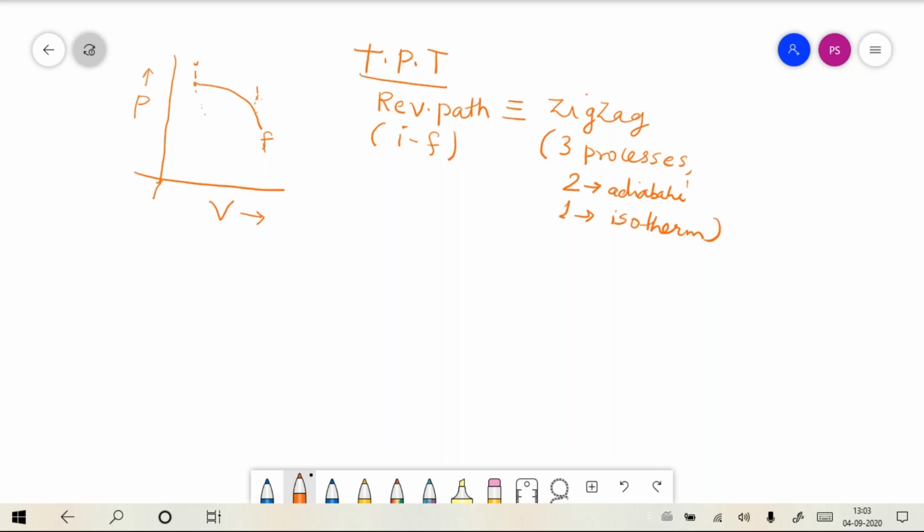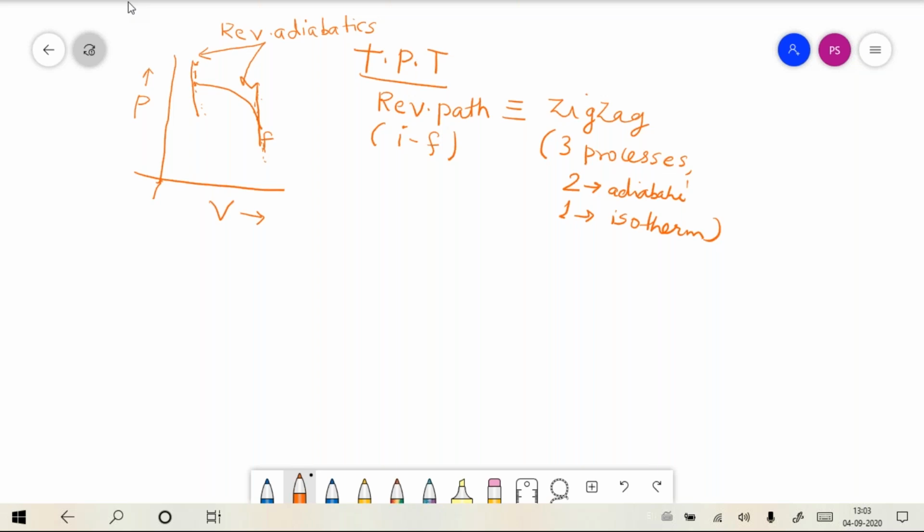These two which I have drawn are reversible adiabatics, and you see that I have drawn them parallel, making use of the fact that two reversible adiabatics cannot intersect with each other. They are drawn at the ends, that is at the state I and state F.